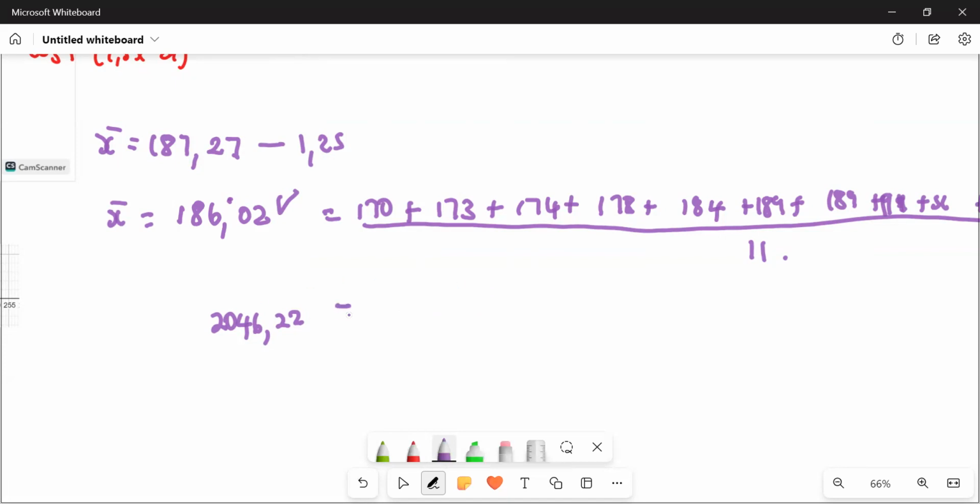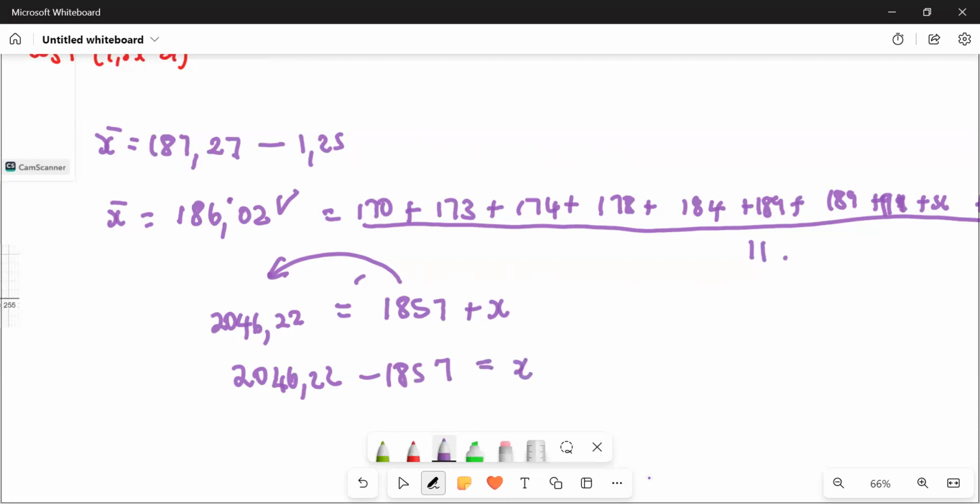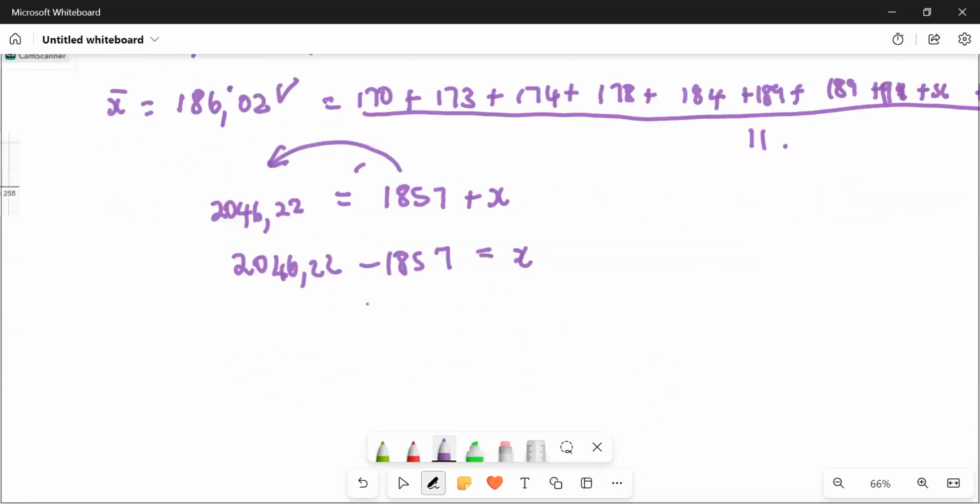And then this is going to equal, if you add everything up here, 1857 plus x. We want to get x, so how do we get x? We take this to the other side. It's 2046.22 minus 1857 is equal to x. And what do we get? 189.22.